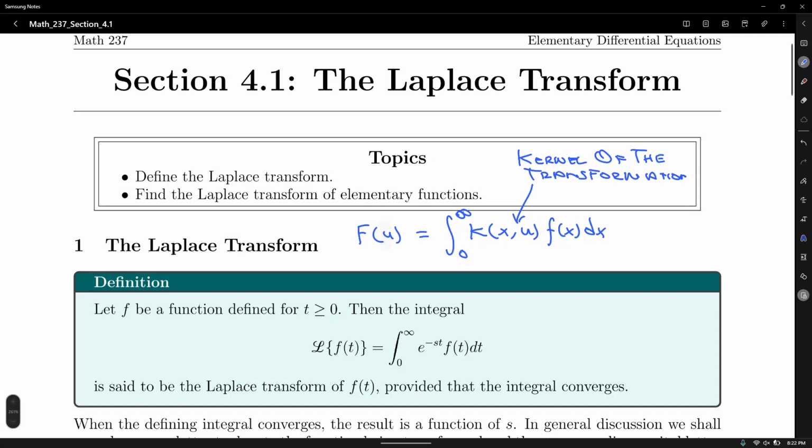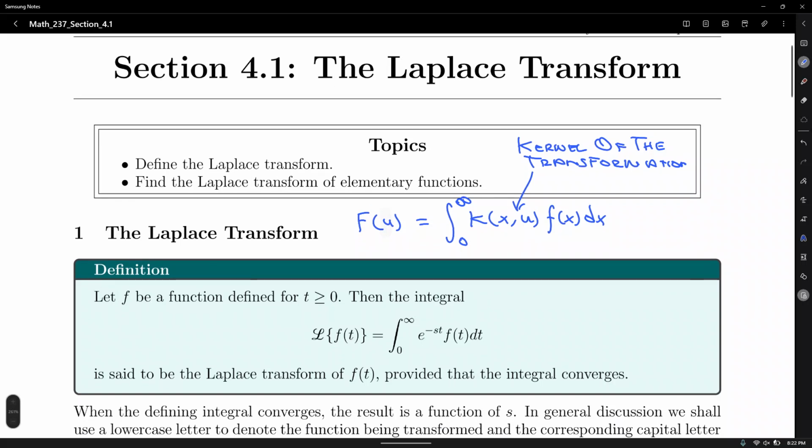Actually, we will define many different kernel functions that will define many different transforms, each of them serving a specific purpose in transforming functions between different domains. In essence, this kernel defines the nature of the transformation by specifying how the input function is weighted and integrated to produce the output function.